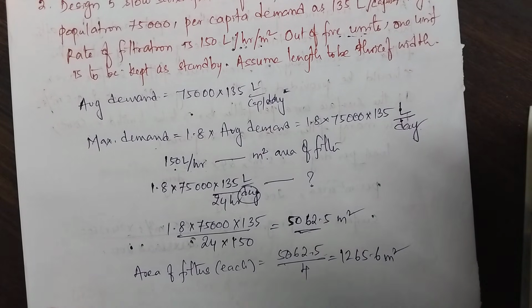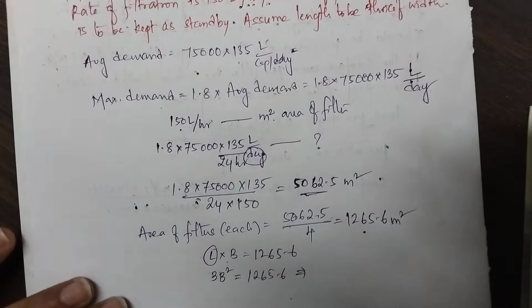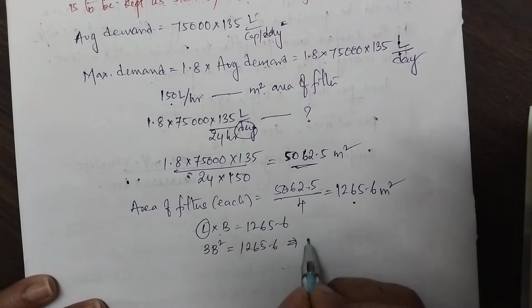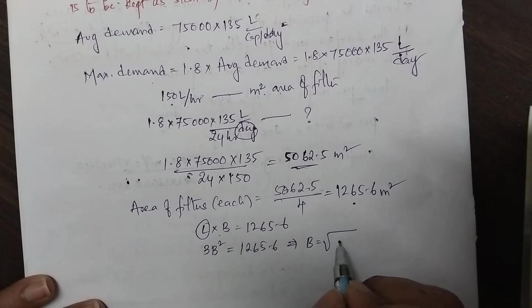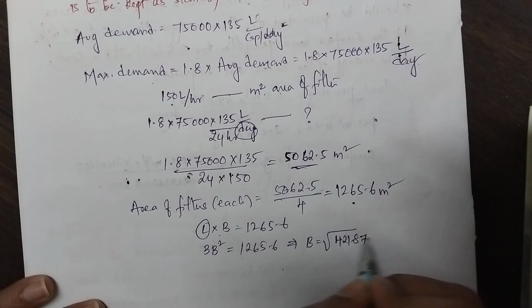Then this is the area which is length into breadth. So we have given that length into breadth is 1265.6, but length is thrice the breadth. So this would be 3b square is equal to 1265.6, which implies breadth is equal to square root of roughly 421.87.